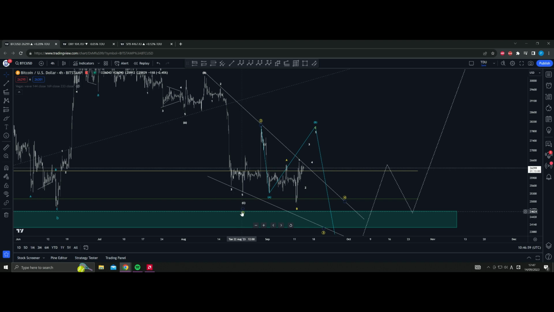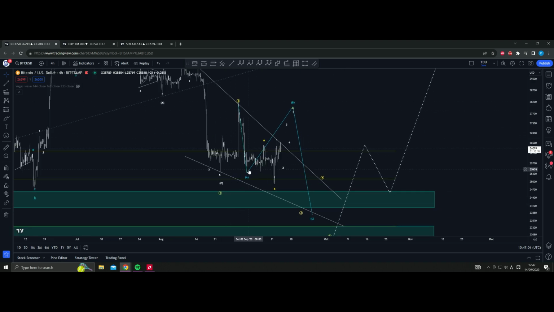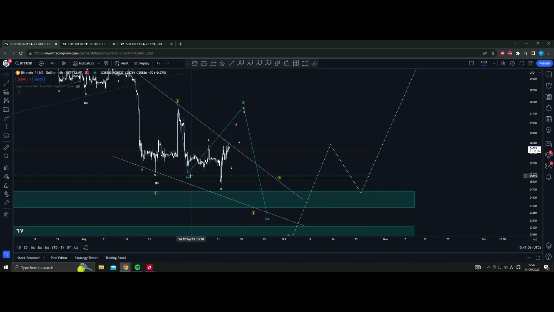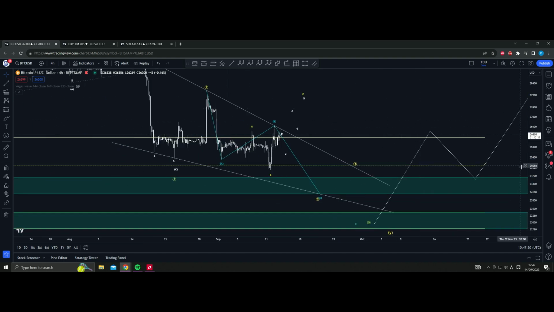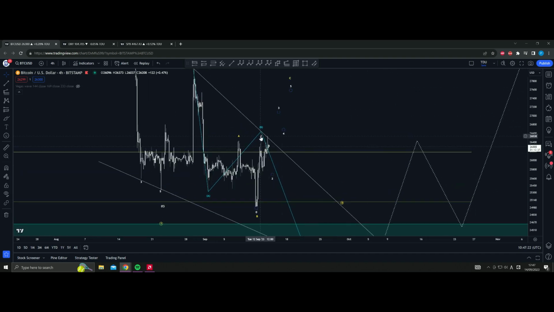So ABC for 1, ABC for 2, and now we set A, and I thought it's gonna be 3, 3, 5 for the wave B here, and then another impulse to end the third wave of the diagonal. However, this little wick went over the suggested end of this flat.